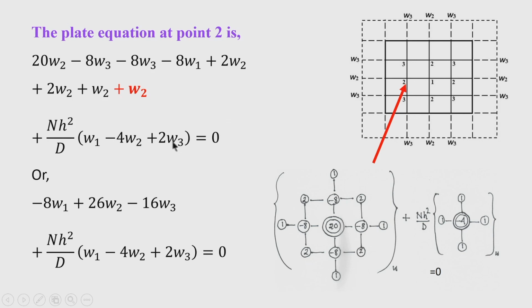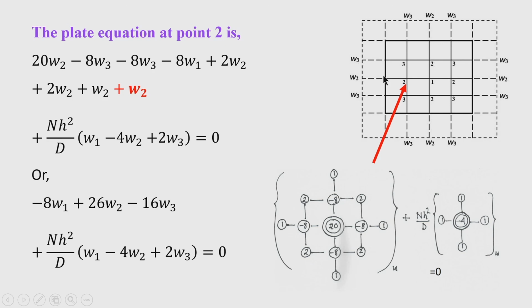So, minus 4 W2 minus 4 W2, and then you get the other points, this is W3 and this is W3, so 2 W3, and this is W1, so W1, and this value is falling here.